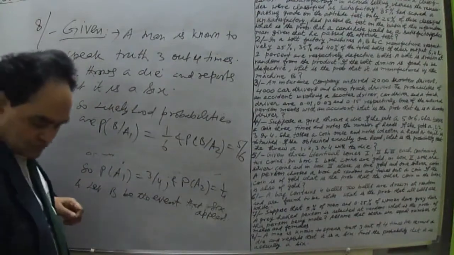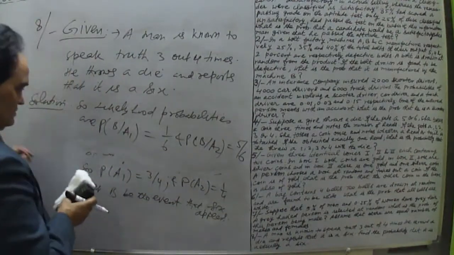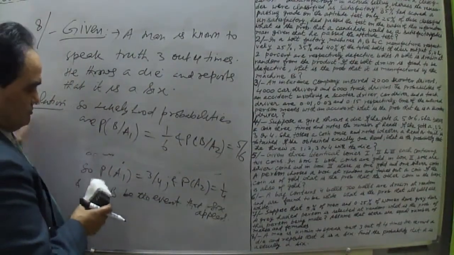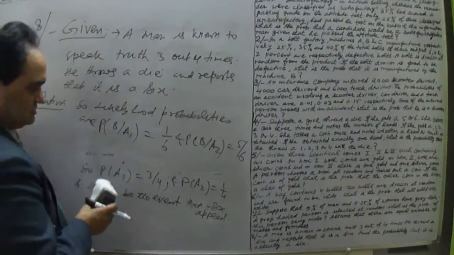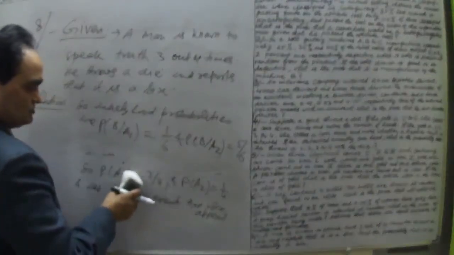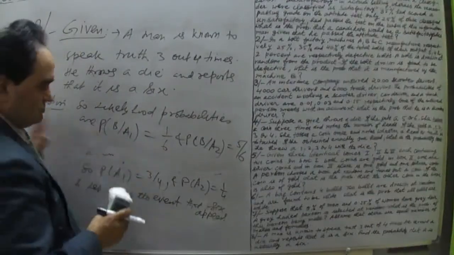Now we have to find the probability of A1 given B, that A1 is the truth. A1 is the truth speaking. So A1 is this 3/4. Right?